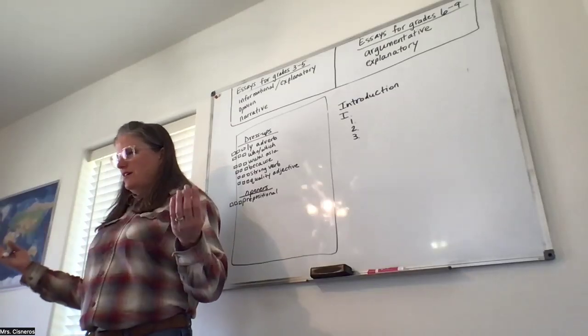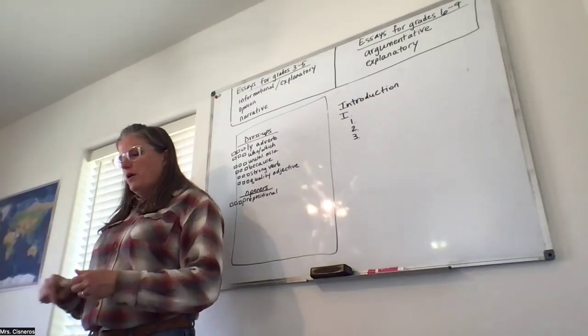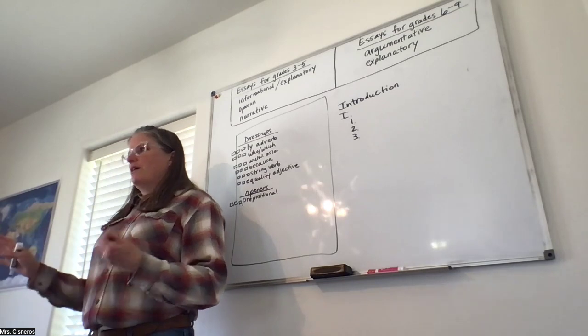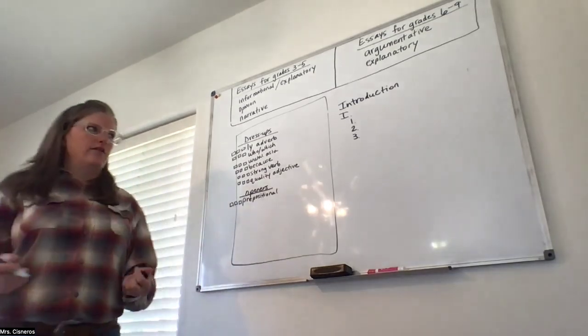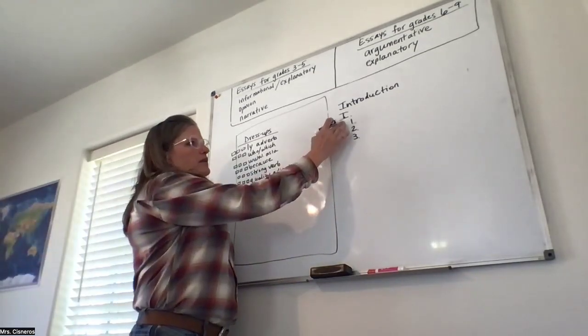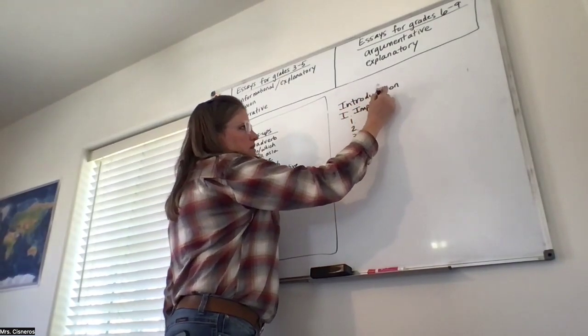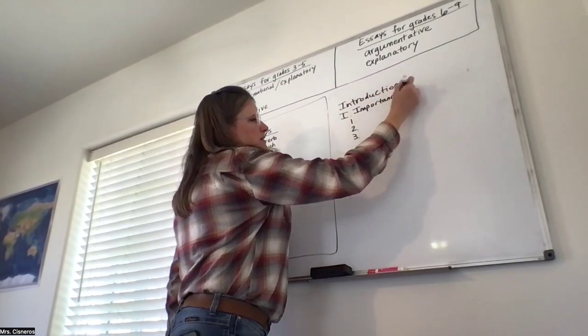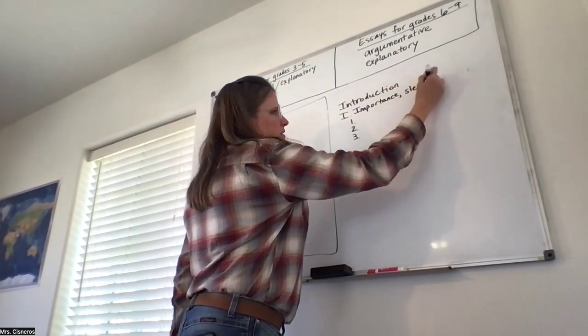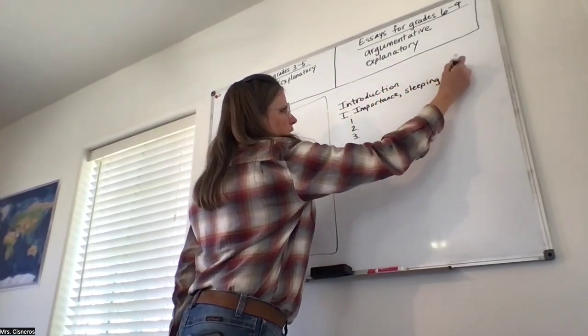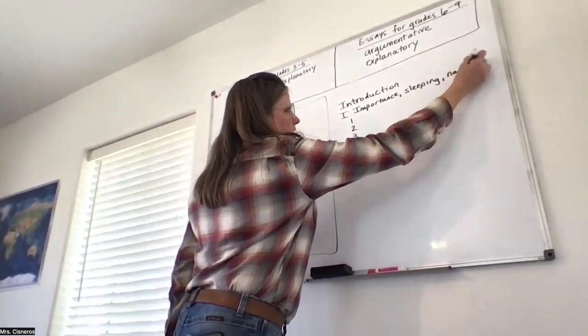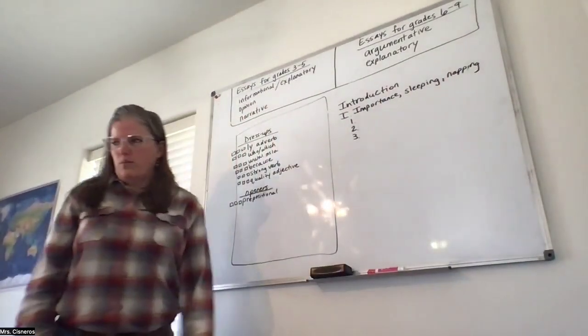That's the main part of your paper. It's not something we want to ignore. It's something that's really important in our lives. So I would put next to Roman numeral 1, importance, sleeping, napping. That's your thesis, and that's how you're going to support that throughout your paper.